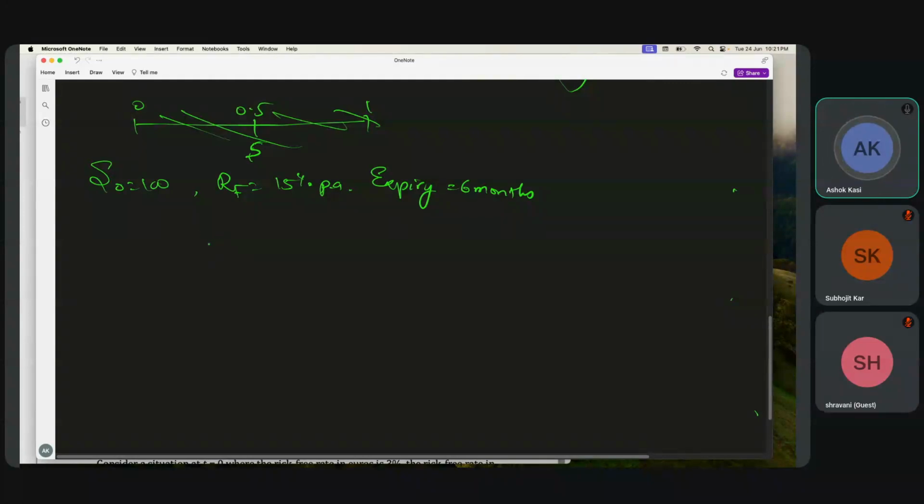So now the question is, what should be the forward price? So how do we calculate? This is 6 months.